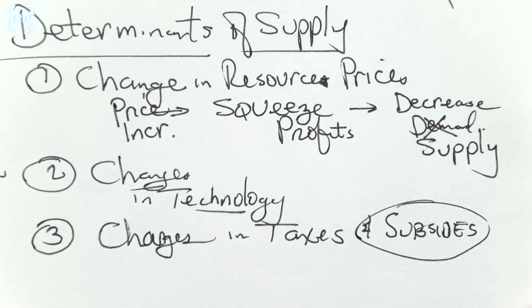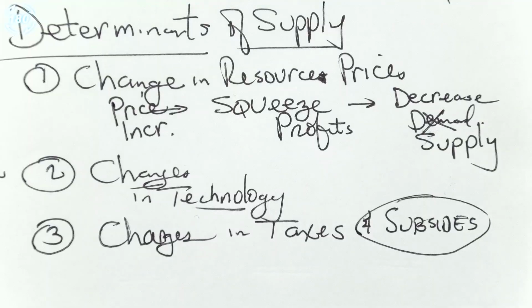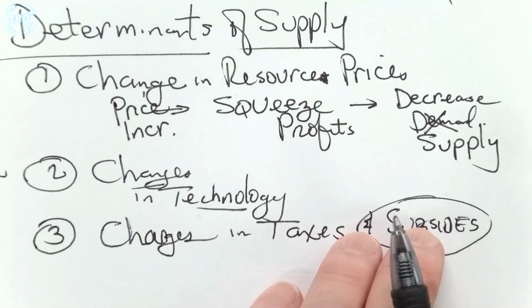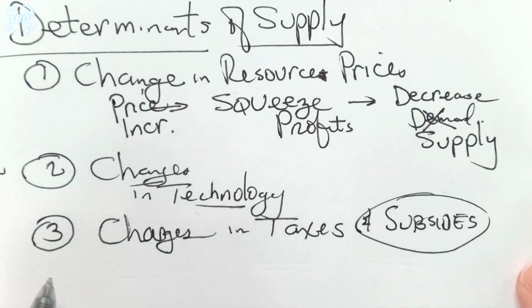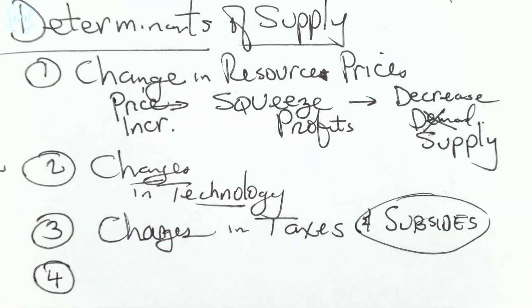Milk is one of those fairly heavily subsidized agricultural goods. Sometimes the government gives direct payments to dairy farmers: we want you producing milk. But if it weren't for that, there would be fewer dairy farmers. We'll look at some examples of that later.